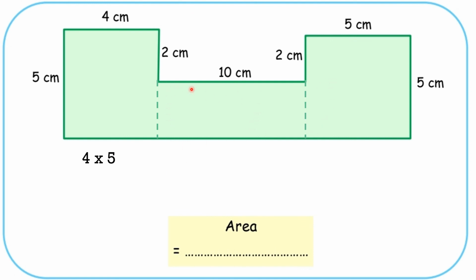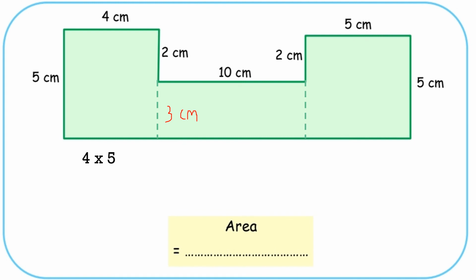This is the hardest. Look here, this is 10 centimeters. This is the length. What is the width? I don't know what this is, but I know that all this side is 5 and this part is 2. So this part is 3 centimeters. I will say it one more time.